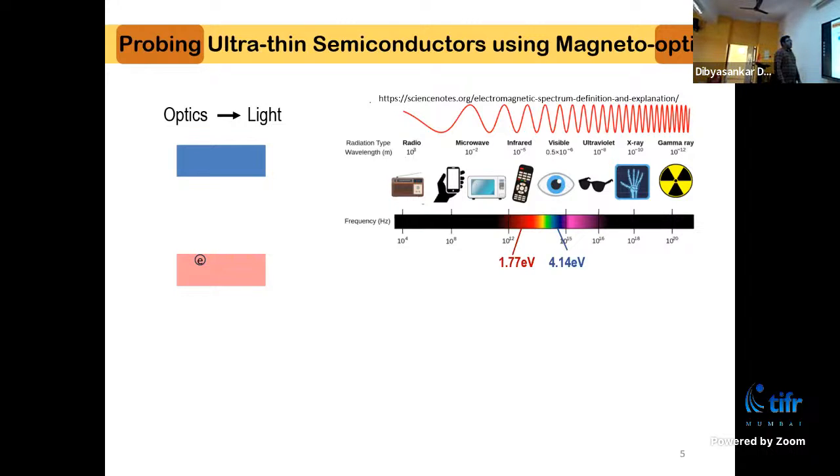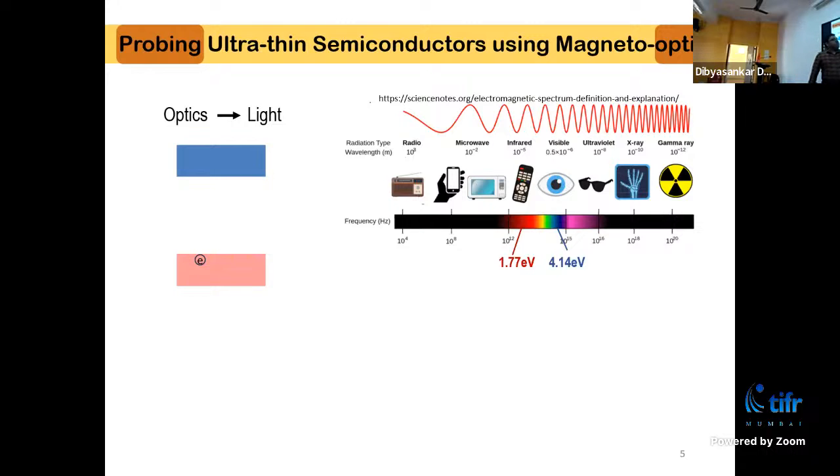Now the energy corresponding to the visible spectrum: red is 1.77 and blue is 4.14. If you go a little into the infrared beyond red, it will decrease, so 0.6, 0.7. This is the same energy scale, eV.